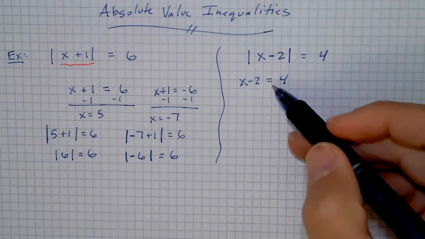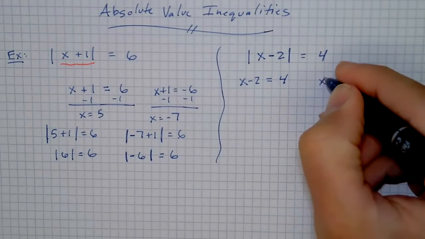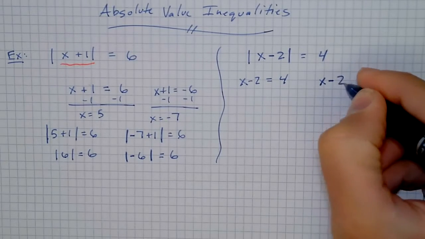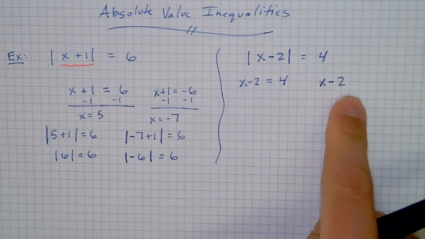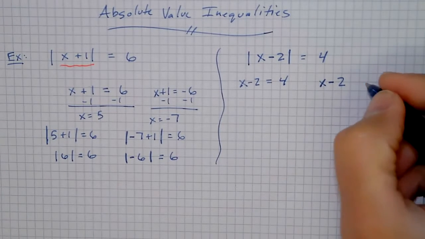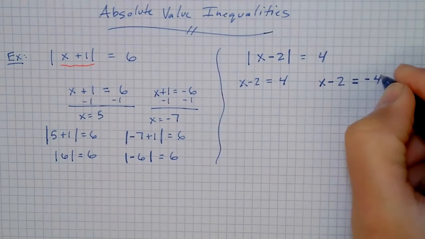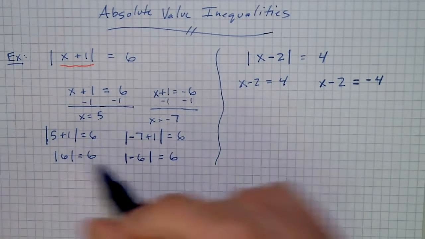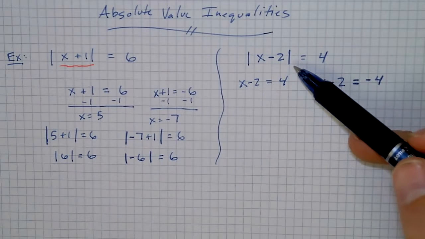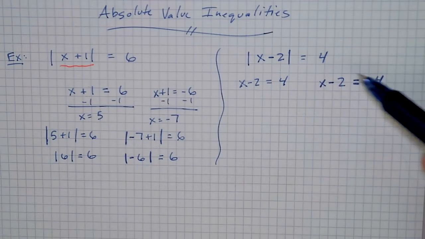Whenever we're taking these numbers out of the absolute value, there tend to be people that want to make this a positive 2 when you take it out of the absolute value. But that's not how it works. What you do is change your answer to a negative. Anytime you have an absolute value, you write two equations off of it.